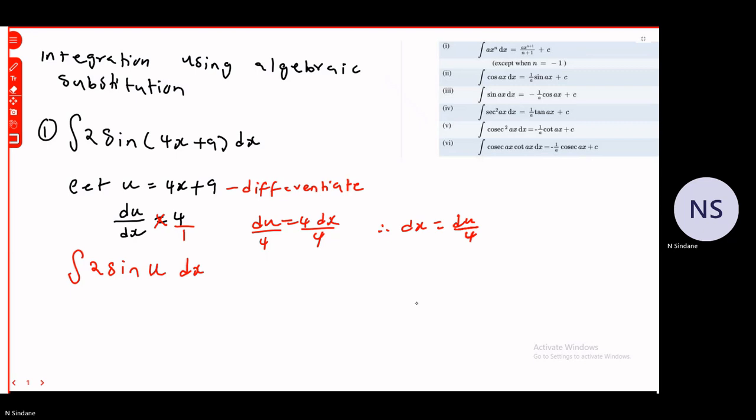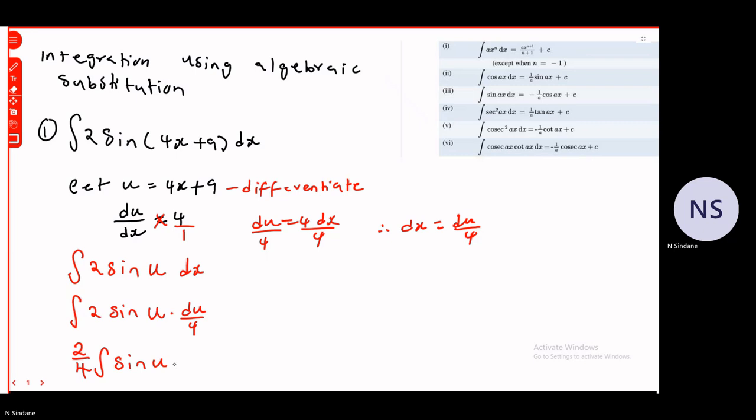Instead of having dx here, I'm going to have the integral of 2 sine of u multiplied by du over 4. Right? Then from there, I can take out this 2 and this 4: 2 over 4 integral of sine of u du.